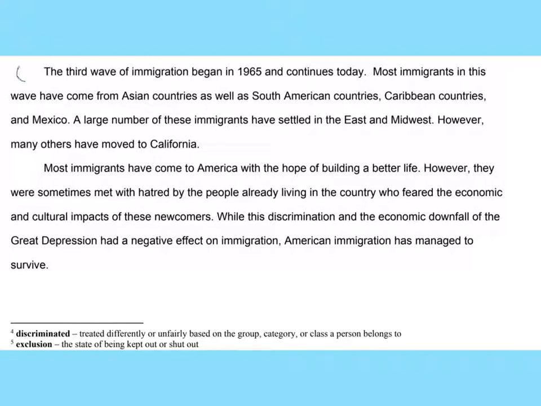Okay, moving on to the 6th and 7th paragraphs of the article here. I'm continuing to look for these repeated words or ideas. Of course, again, I have wave and immigration. Immigrants and wave.